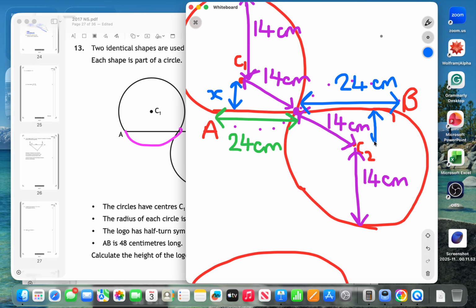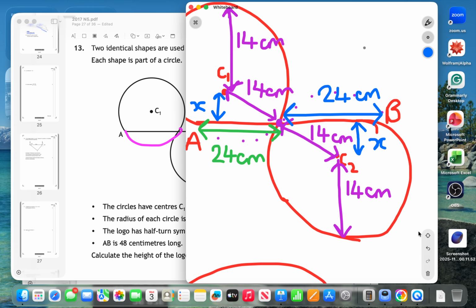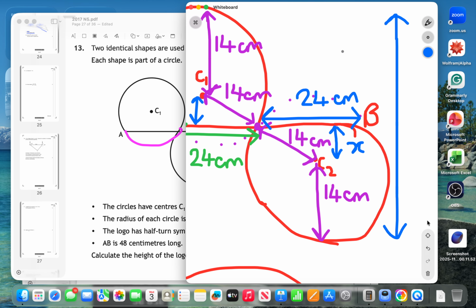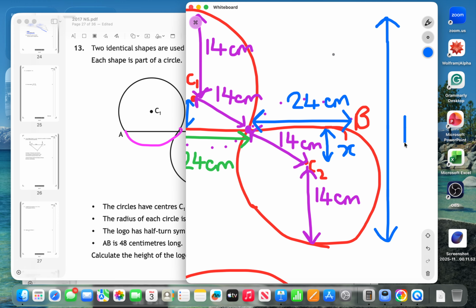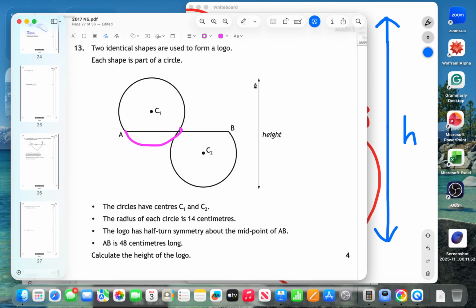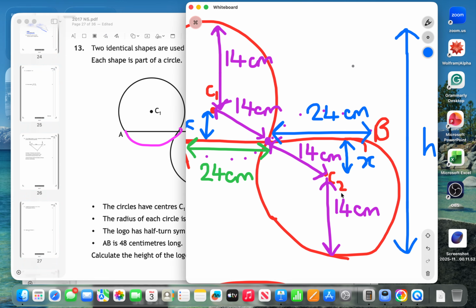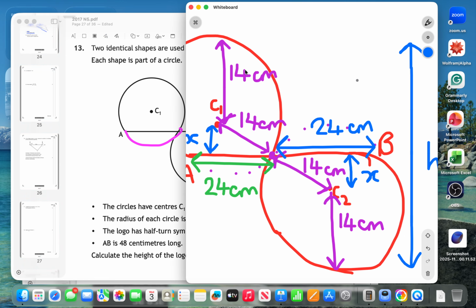This also has to be x. And this is the height, denoted h. That is the height.